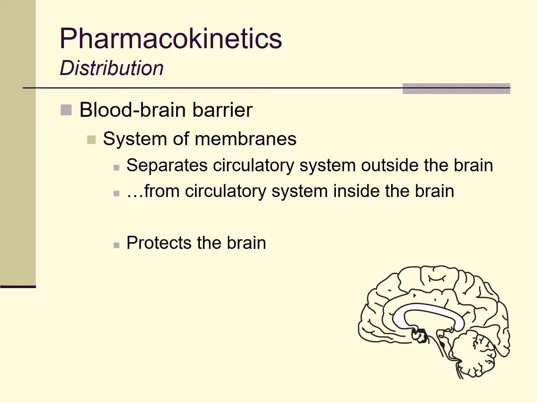But in order to do so, they have to pass this blood-brain barrier, which is fairly selective about which molecules it allows to pass over into the central nervous system, especially into the brain. In this way, it's an important protective system that helps the brain keep itself safe from some types of molecules which may be damaging or disruptive to its structure or function.